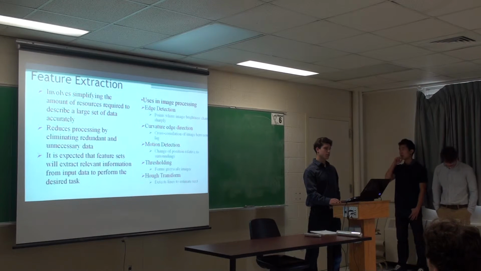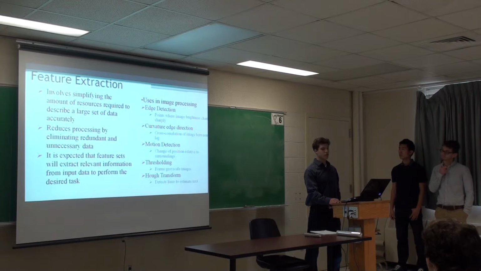In image processing, feature extraction is important in edge detection, where edge detection works by determining where the brightness changes sharply. So that's one way feature detection distinguishes where edges are. Another use of feature extraction is in curvature edge detection, which cross-correlates the image between time lag, so it can tell where things have moved.